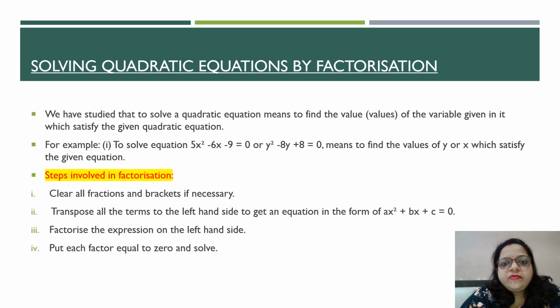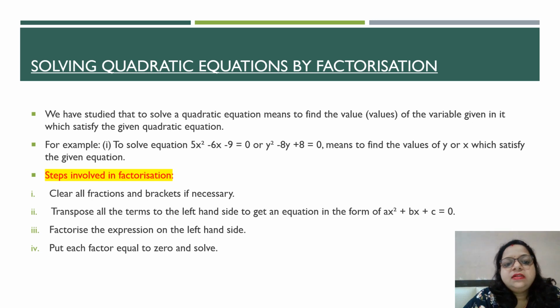Solving quadratic equations by factorization. So children, what is factorization? Factorization means finding the factors of a number and which satisfy the quadratic equation. Okay. We have studied that to solve a quadratic equation means to find the values or the value of the variable given in it which satisfy the given quadratic equation.